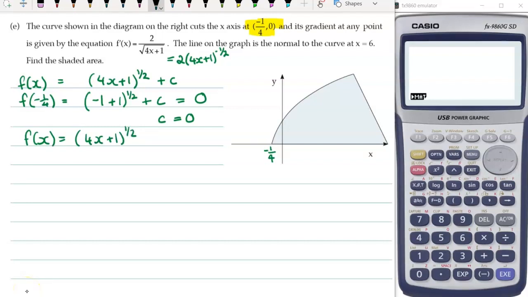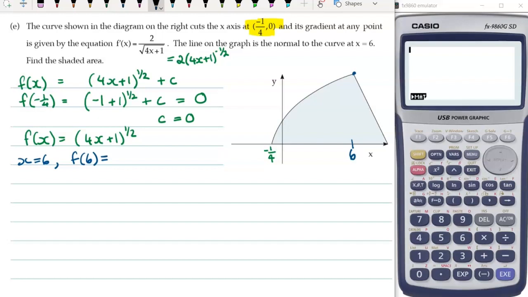Now to think about the line, it makes a normal to the curve at x equals 6. So at this point here, x is 6. So when x is 6, we will have f of 6. The value of the y coordinate at that point, so we can put that into our f of x equation.